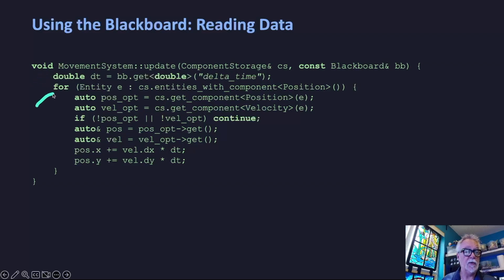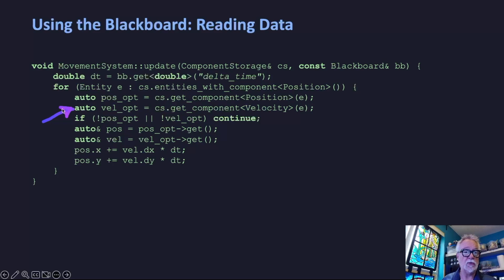And now I'm going to query my component storage for all of the entities with component position. So I'm going to get all of the entities in this game that have position, and then I'm going to do a query and say, okay, do you have position? I know you do, so that's fine. You may have position and you may not have velocity, right?